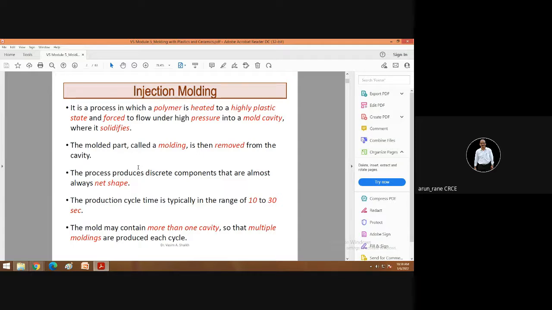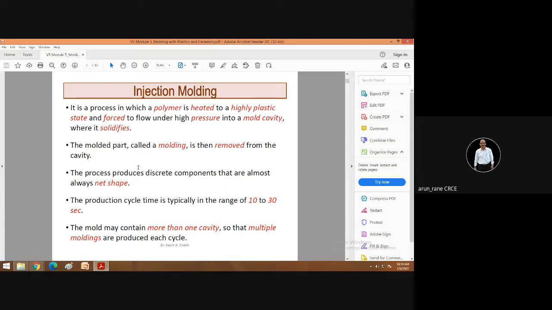In most industrial estates, whether you visit Dahisar, Hira Road, or Vasai, you will see hundreds of tool rooms and CNC machines. Basically, injection molding is used for producing plastic products, for thermoplastics.